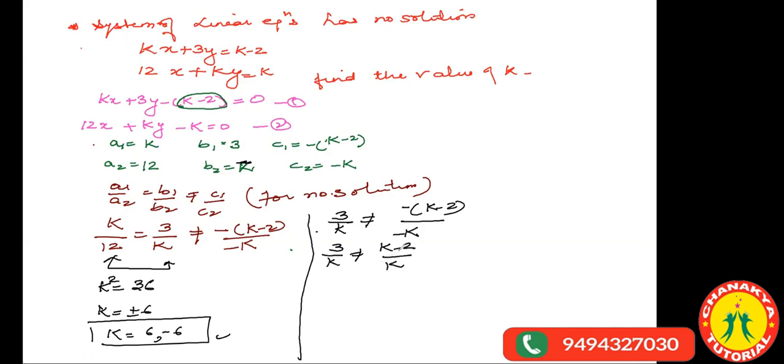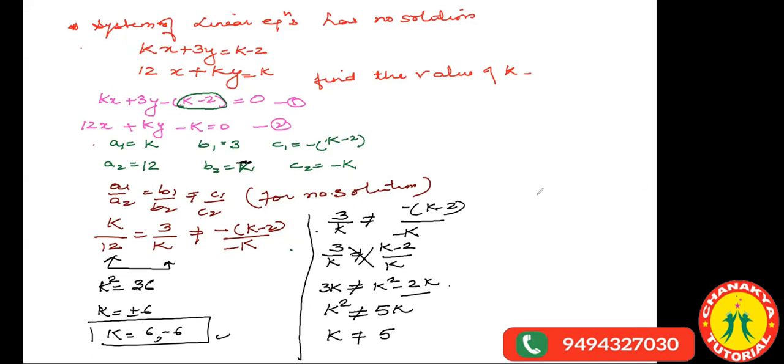Right? So now you can cross multiply. So 3k will not equal k square minus 2k. Right? Now you can solve it. So just shift here. So k square is not equal to 5k. So k is not equal to 5 and 0.